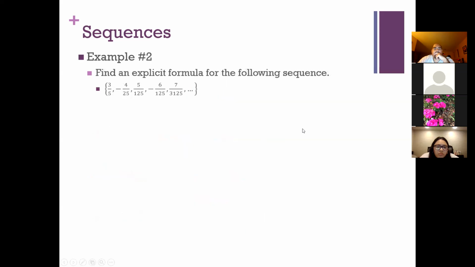All right. So now I'm going to have to go the opposite direction. I want to write an explicit formula for this sequence here. So let's figure out the relationships between successive terms here.